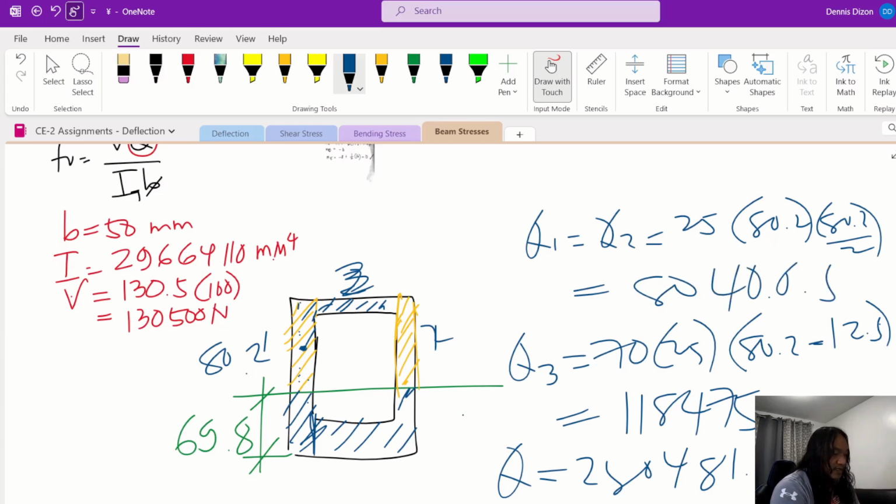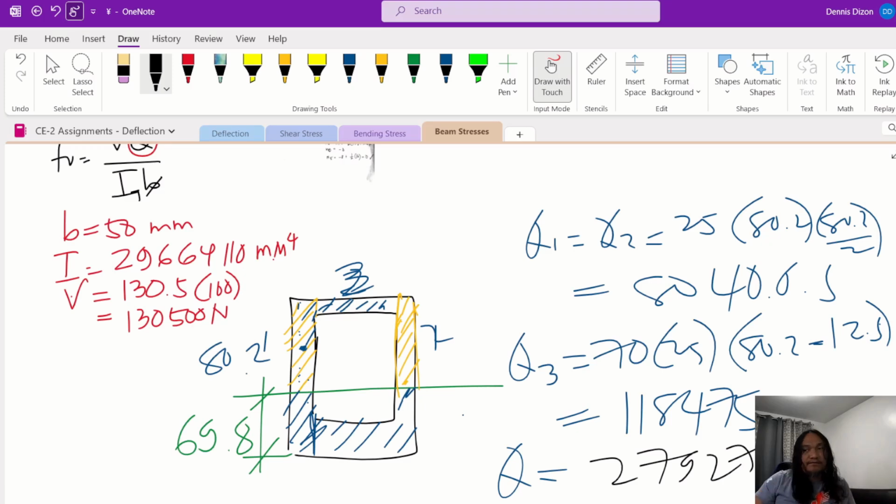Then times 2 plus 118475 is equal to 279,276.